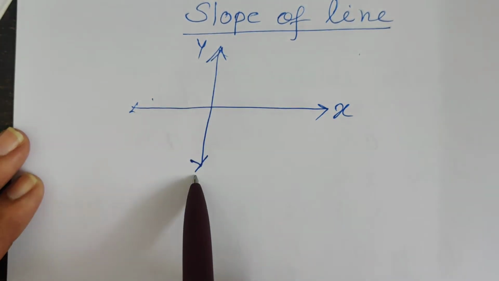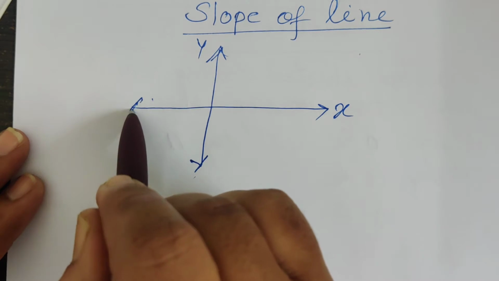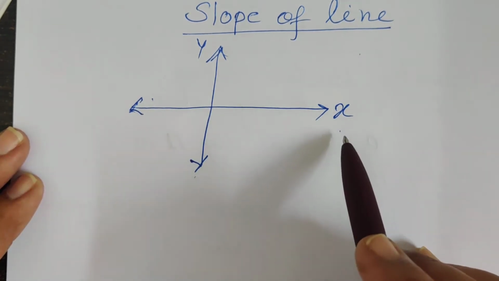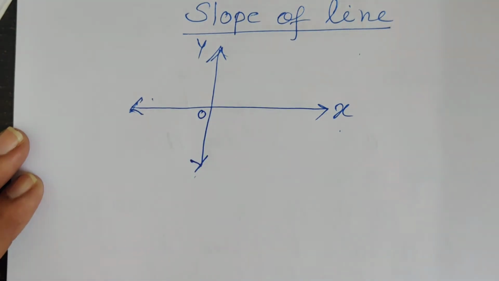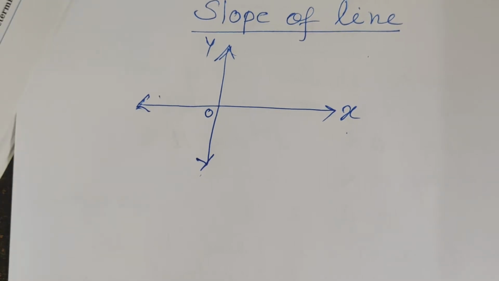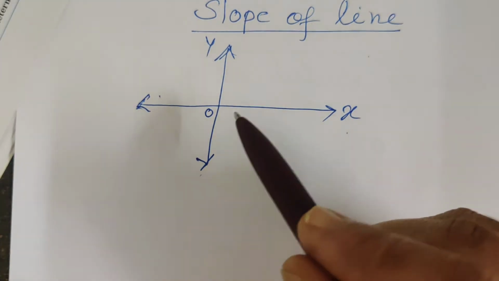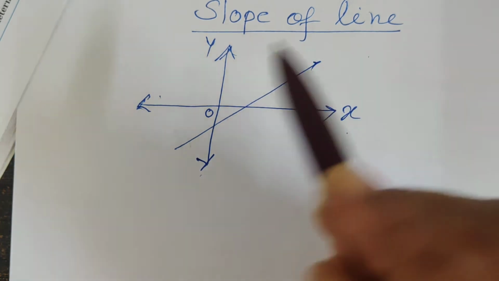So this is a standing line, the y-axis, and this is the x-axis, which intersect each other here at 0. You can say it is the origin. And line L intersects the x-axis and also the y-axis. Suppose this is line L.